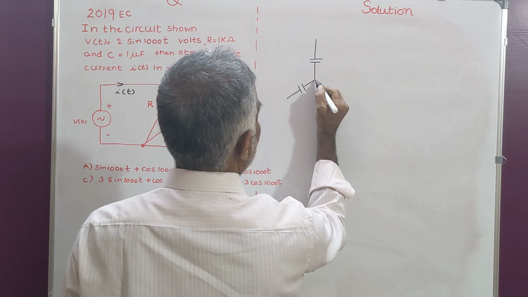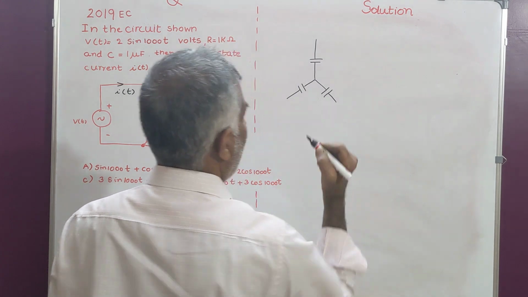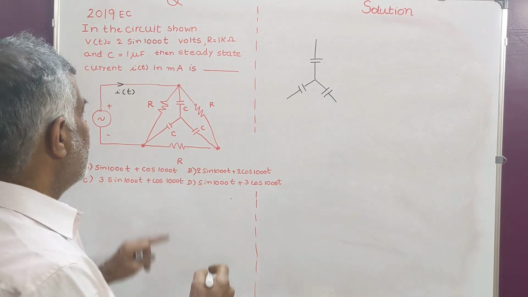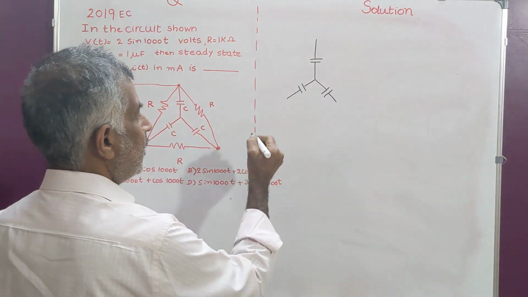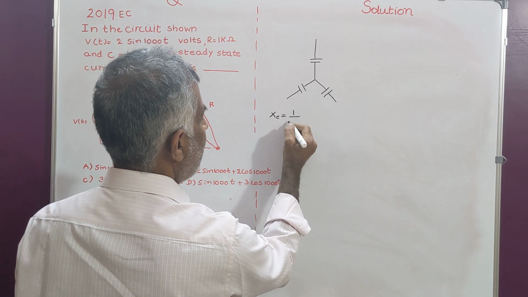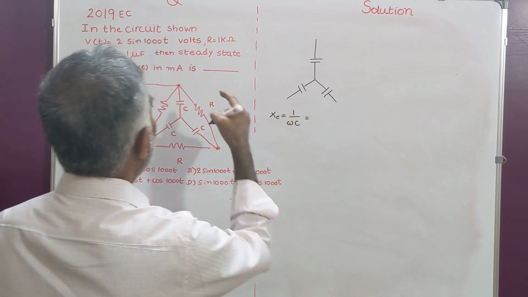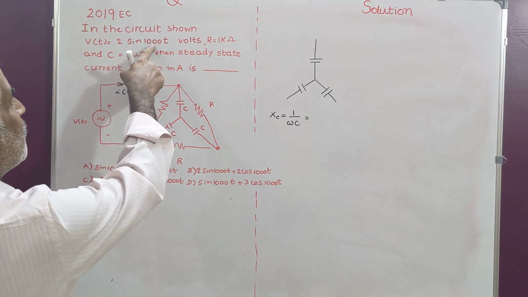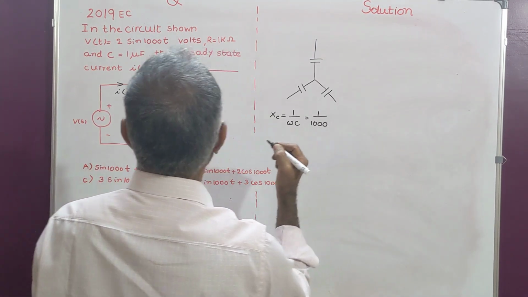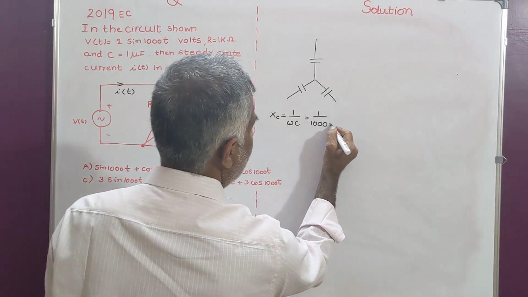This is called a star connection. Before I proceed with star to delta transformation, first I will calculate impedance. What is Xc? Xc is 1 by omega C. In this problem, omega is 1000. Therefore, 1 by 1000 and capacitance is 1 microfarad.